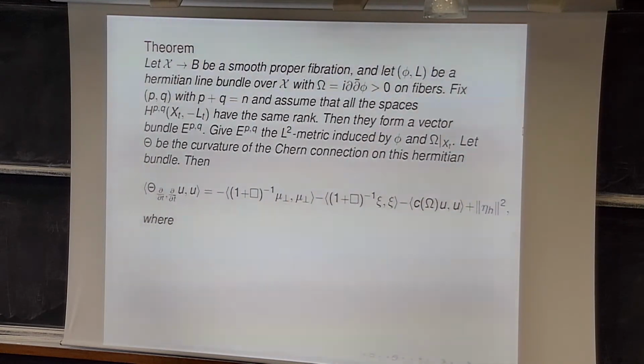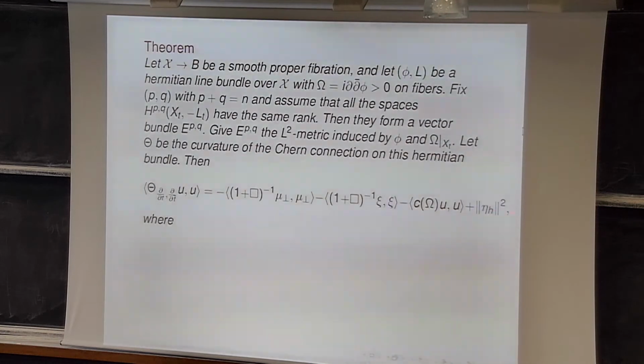Then the statement is that they form a vector bundle that I call E^{p,q}. I can give it the L2 metric induced by this, which is the metric on L_t, and this is the i∂∂-bar, which gives you a metric on the base space. You need both of them to define the L2 metric on those. And then you get a Chern connection, and it has a curvature, and that curvature has this formula. I'm going to explain what it says later.